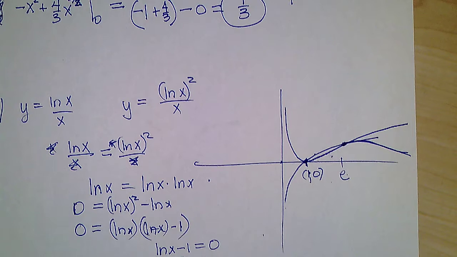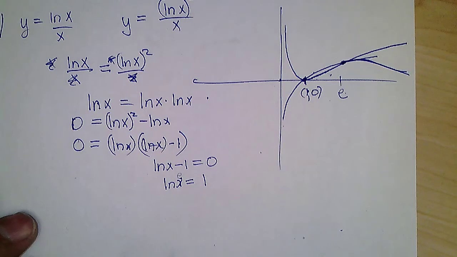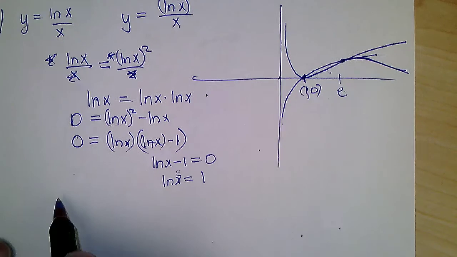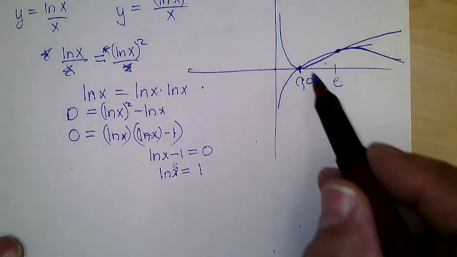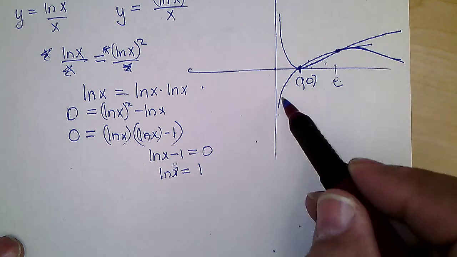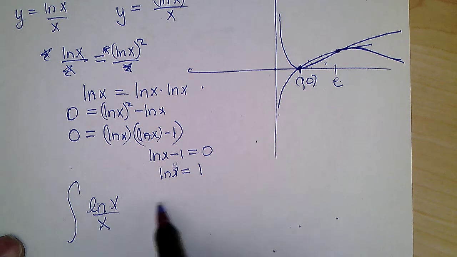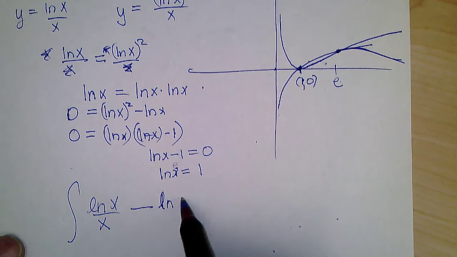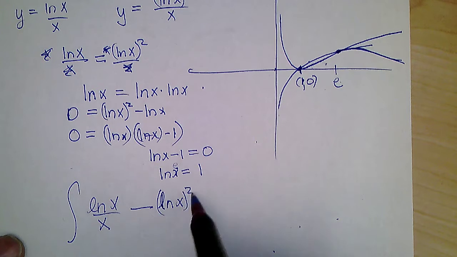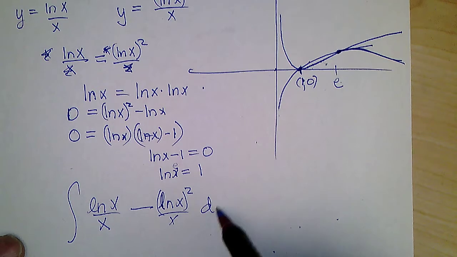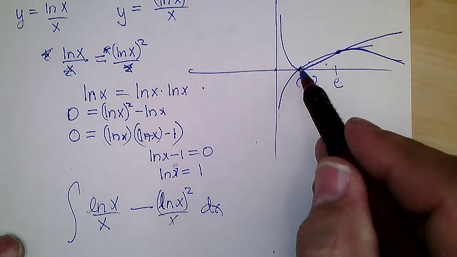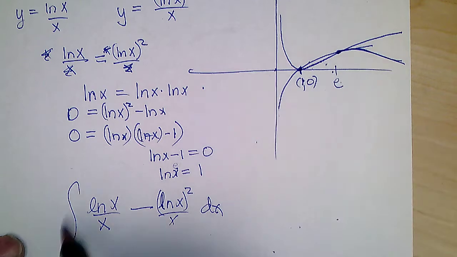So in this problem, we should be integrating the top one, which is the first one, ln x over x, minus the bottom one, ln x quantity squared over x, dx from 1 to e.